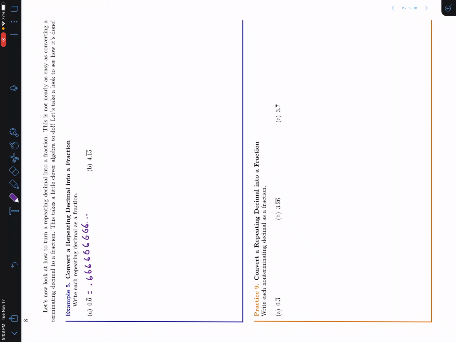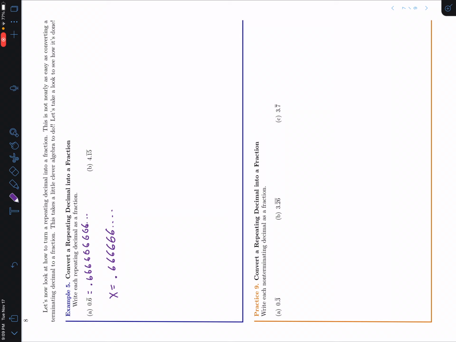So what we have to do is a little algebra and play around with it a little bit. The first thing we do is we let x equal this repeating decimal, so 0.666666, just a bunch of times. And then what we're going to do is a little trick. We take that first equation and multiply it by 10.